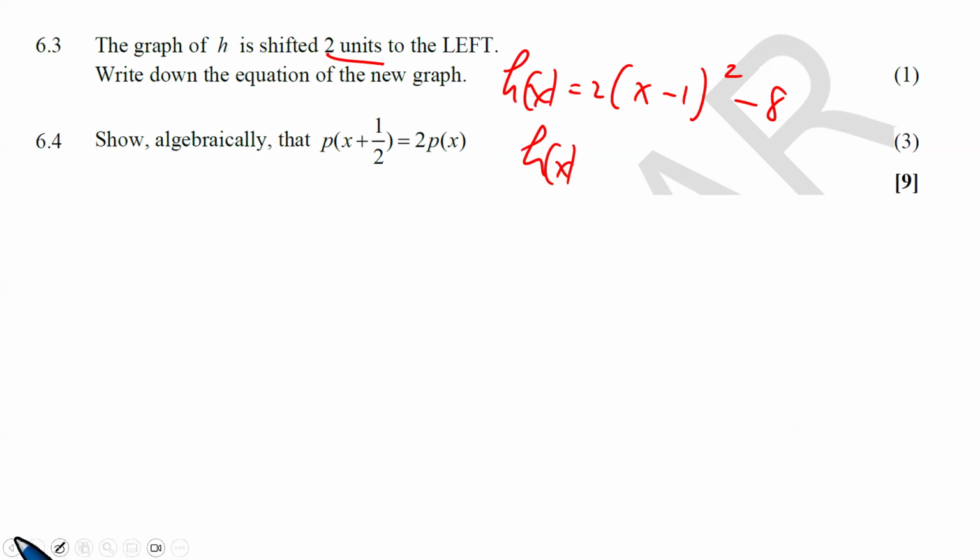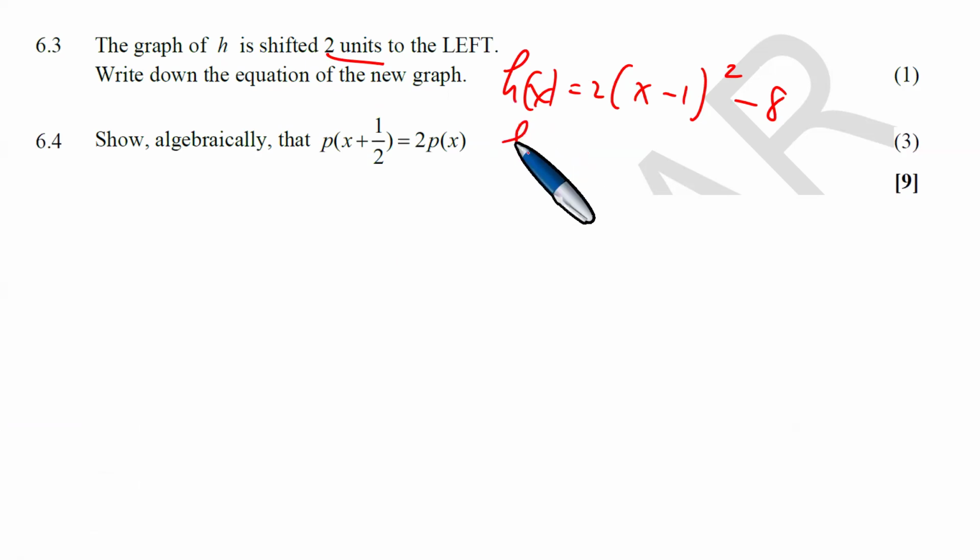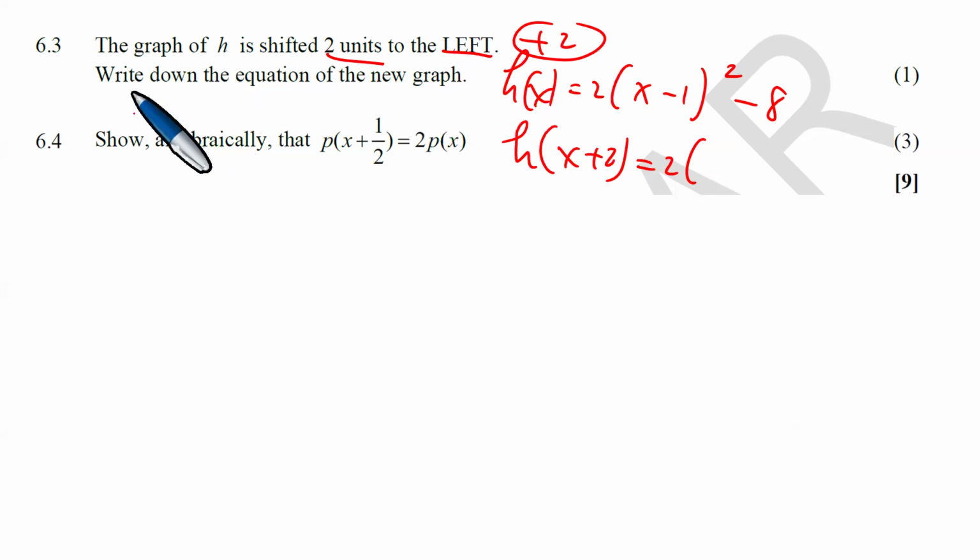The new graph is going to be obtained as follows. Let's look at the graph of h. If it's 2 units right, you subtract. So to the left, you add. If they say left, you add 2 because it's 2 units, but if it was right, then you'd minus 2.